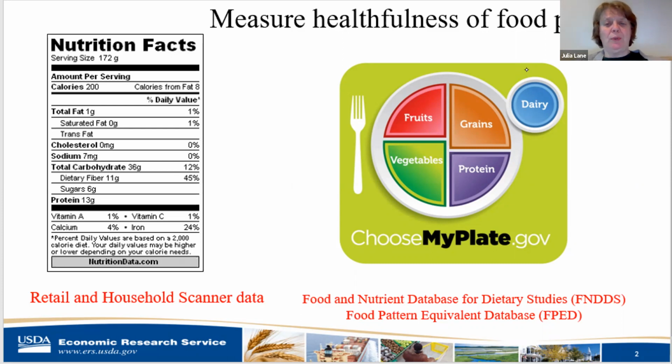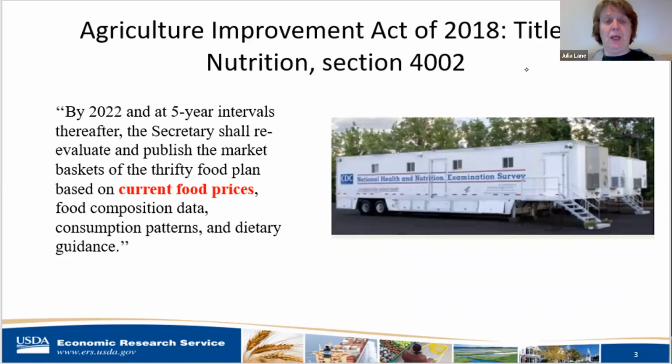Now what you want to do is you want to try and translate that into something that captures the nutritional value. And this isn't just something that they're doing because they think it's interesting, well, of course it is, but it's also mandated. The Secretary of Agriculture is required to publish the market baskets of the Thrifty Food Plan.